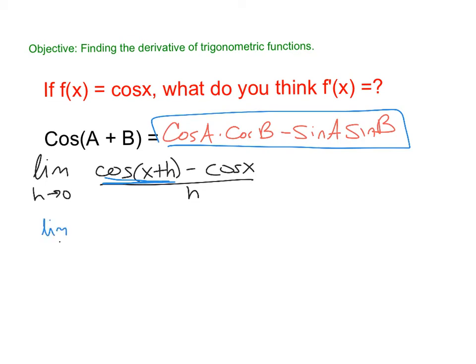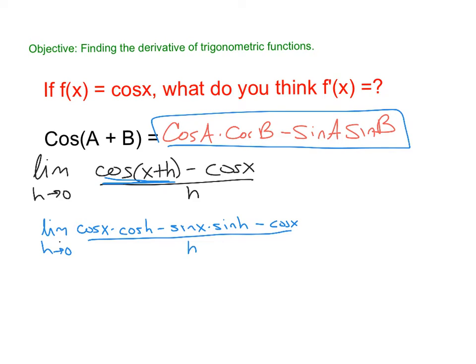So it's the limit as h approaches 0. I'm definitely going to run out of space. So we got cosine x, cosine h, minus sine x, sine h, minus our cosine x all over h. Okay? So I just replaced cosine of x plus h.